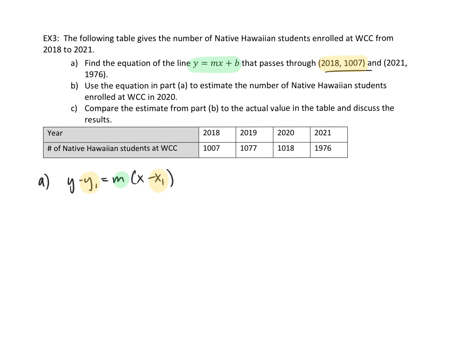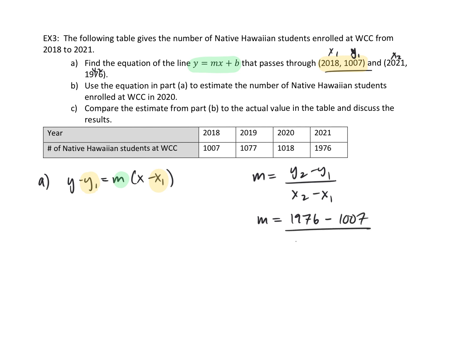And now I need to find slope. To find slope, I need 2 points, which I am given. So remember, the formula for slope is y sub 2 minus y sub 1 over x sub 2 minus x sub 1. So that's going to be 1976 minus 1007 over 2021 minus 2018.